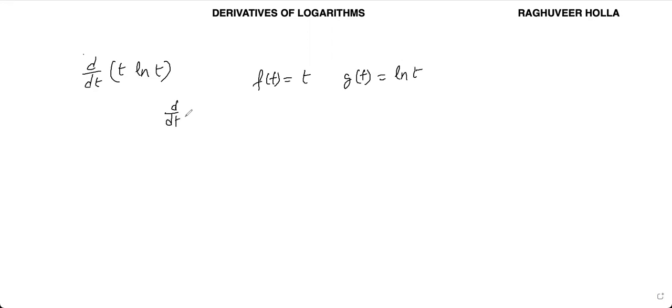So d by dt of f into g is d by dt of t times ln of t, so d by dt of t is 1, plus t times d by dt of ln t, that is 1 by t. Okay, so this is ln of t plus 1.